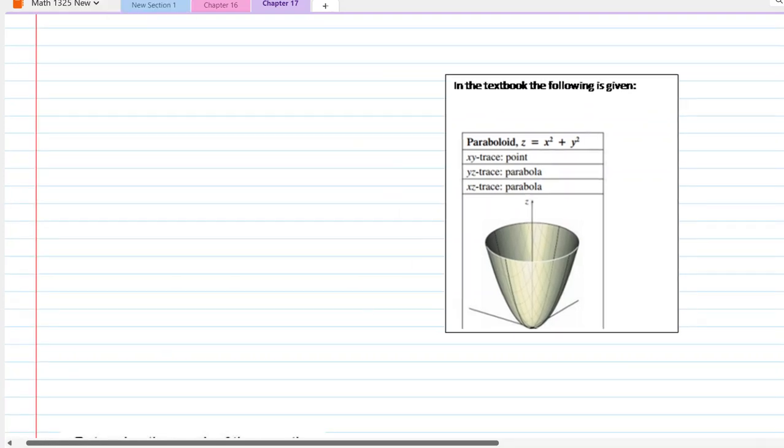So this guy is a paraboloid. It has the shape of a parabola rotated around the axis, and it creates this shape.